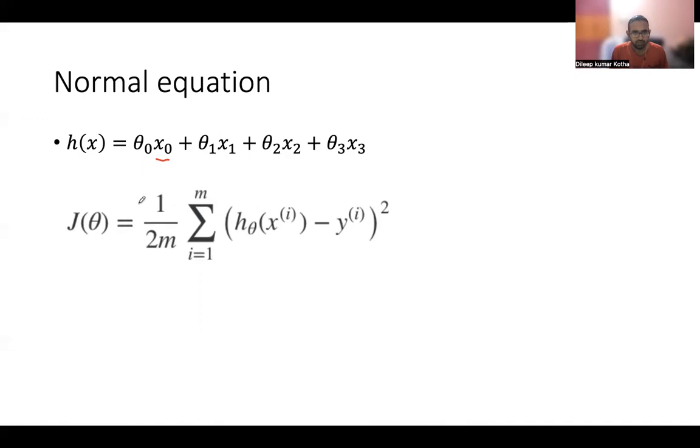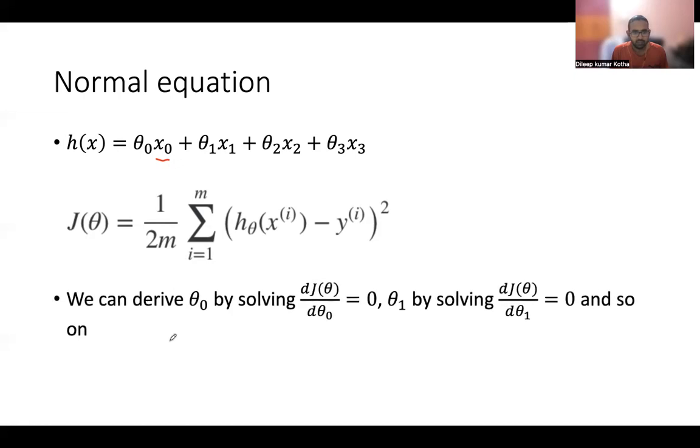Given the hypothesis and the cost function in this manner, to minimize J of theta, we need to take the derivative of J with respect to the parameter and equate it with 0. For example, to derive theta 0, we need to take dJ by d theta 0, keeping other parameters constant, and then solve it for 0.